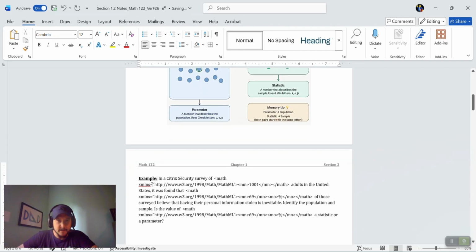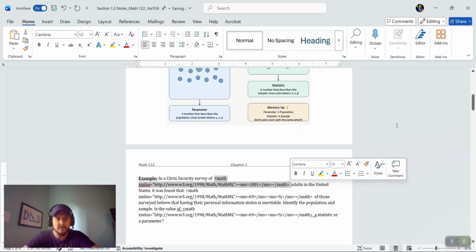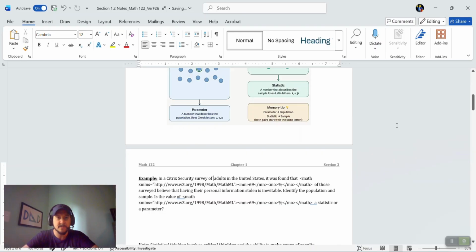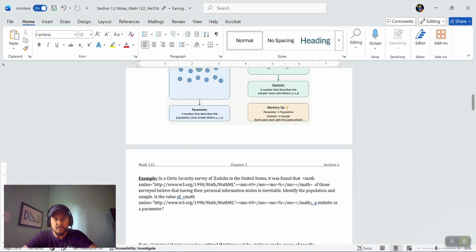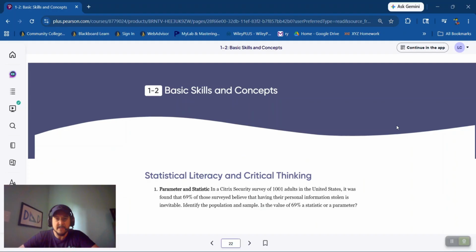All right, so we saw this in the previous video, that you actually get the HTML code for the numbers that are part of the problem, but those are pretty quick and easy to fix. In a Citrix security survey of 1,001 adults in the United States, it was found that 69% of those surveyed believe that having their personal information stolen is inevitable.